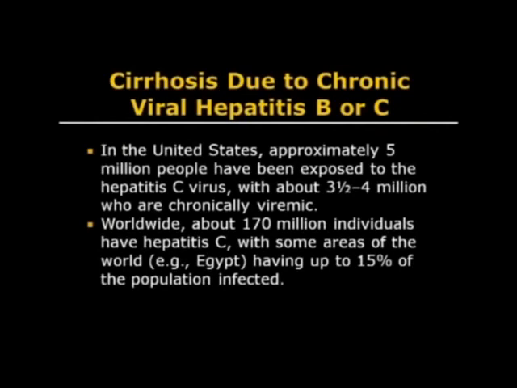Okay? Serum, hep B, hep C are positive. Okay? Antigen. Worldwide, about 170 million individuals have hepatitis C. What is the population in the Philippines? 100 million, right? Or more than this, almost double the Philippine population. So, with some areas of the world, like Egypt, having up to 15% of the population infected.